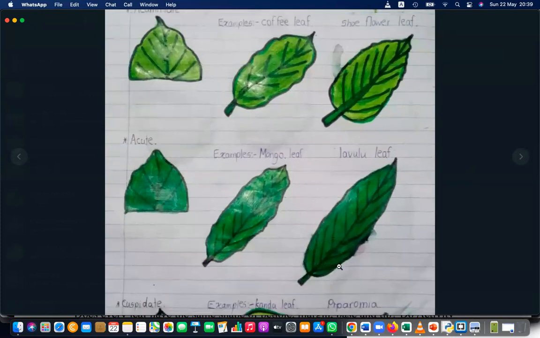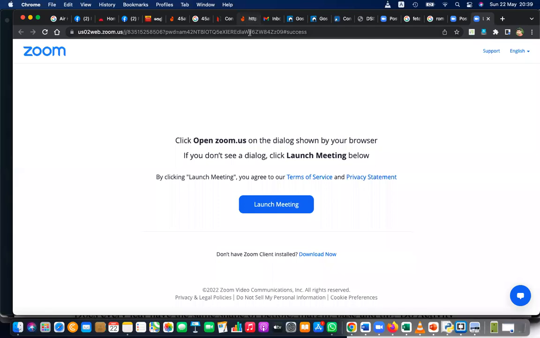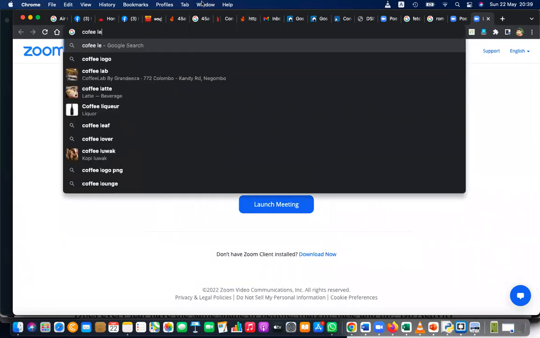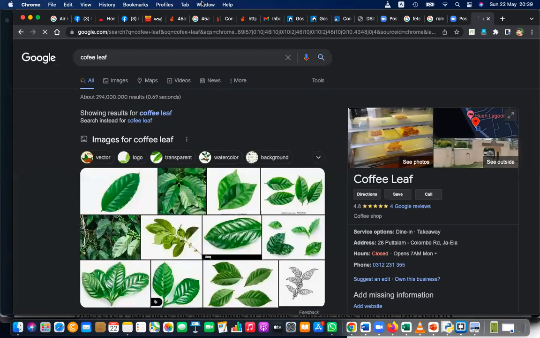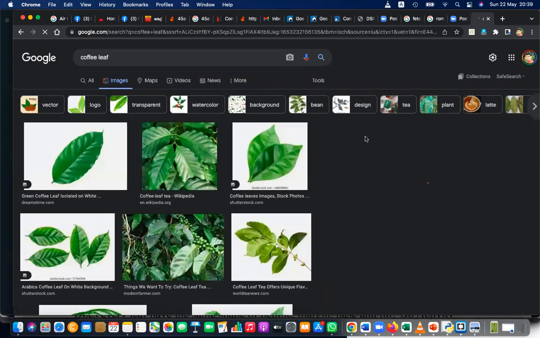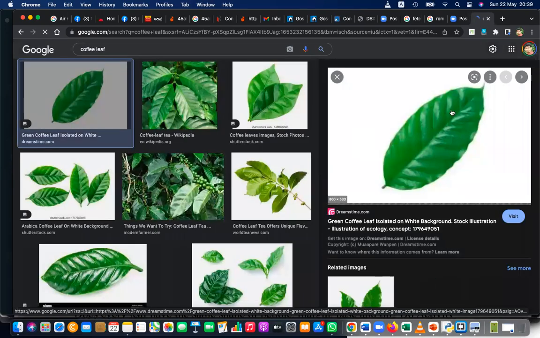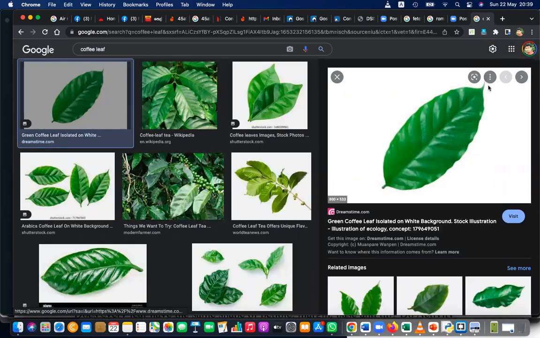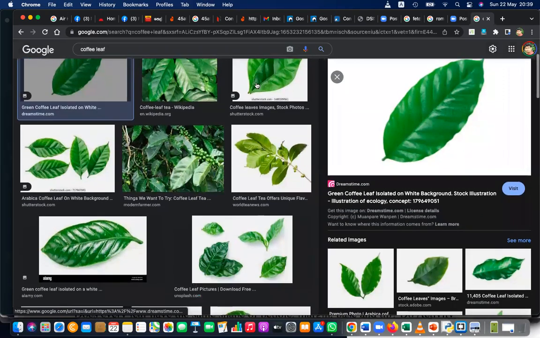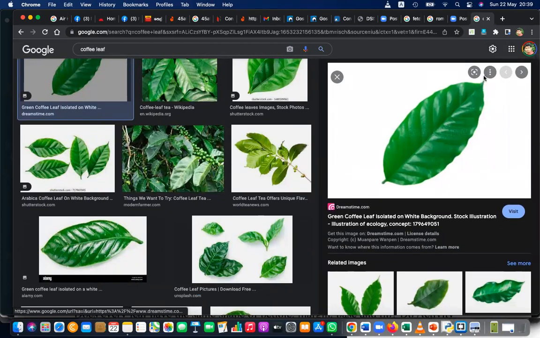Let me show an image of that coffee leaf. Yes, that's the shape. I remembered it as similar to the mango leaf, but it's not. So you can see the tip here. Yes, that's correct.